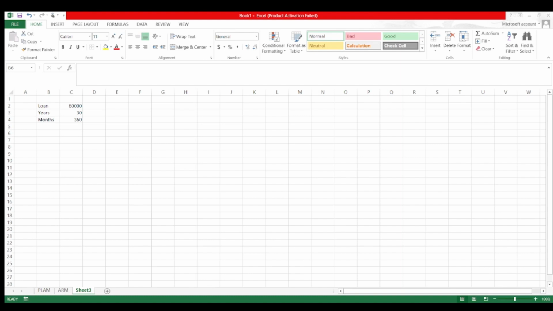So let us draw this up. Let's create a table indicating this particular information for us to avoid making any mistakes.